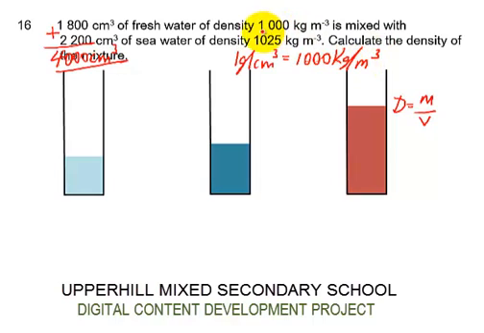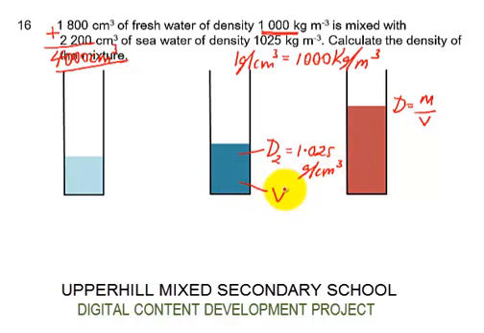So the density of fresh water is 1 gram per centimeters cubed. This implies that the density of seawater, which we can call D2, is 1.025 grams per centimeters cubed.